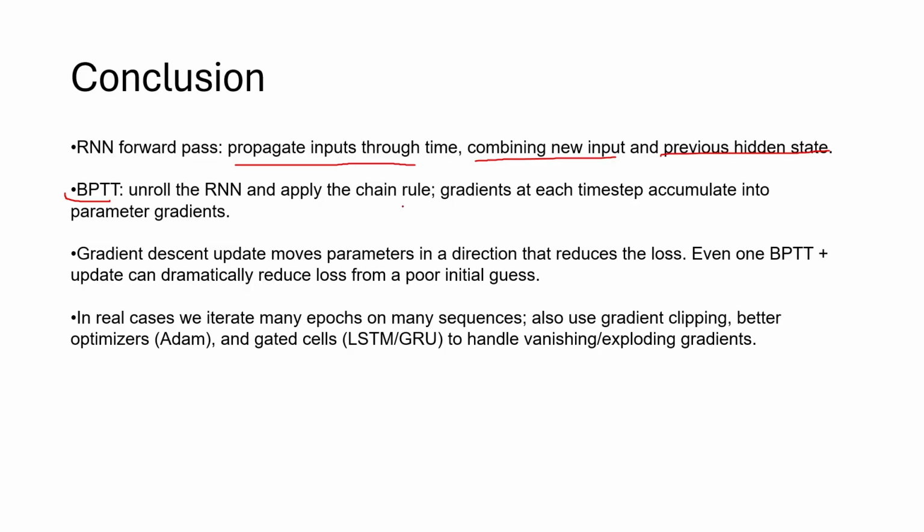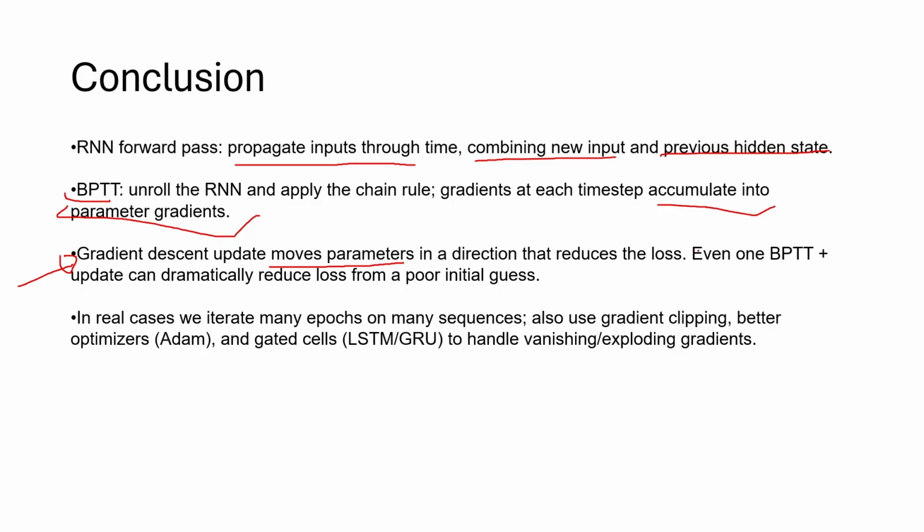So the gradients at each time step accumulate into parameter gradients, and at each part it depends on the previous one, so we go back in time. And after doing the gradient descent update, we move closer to the direction that would reduce the loss.